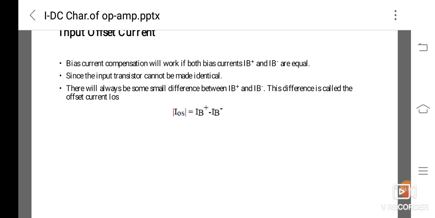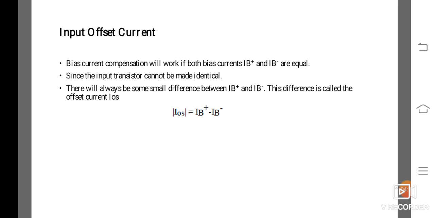It is given by IOS equals IB plus minus IB minus. This is about the input offset current.